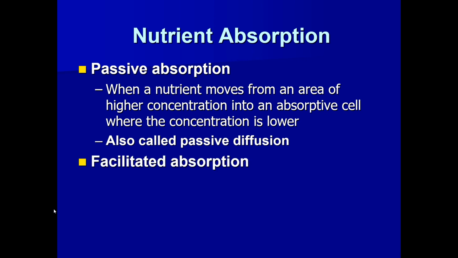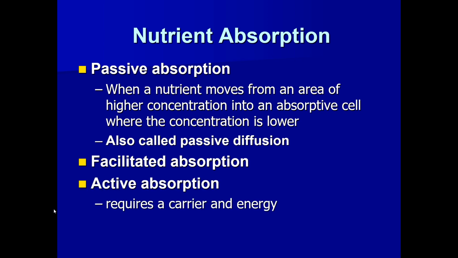Next, there's facilitated diffusion or facilitated absorption, in which there's some type of transport protein in an enterocyte that will make it easier for a certain nutrient to pass on through. There's also active absorption, and really all I wanted you to know about this is that it requires energy.